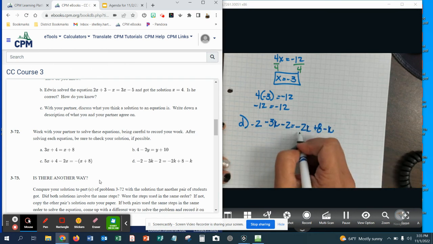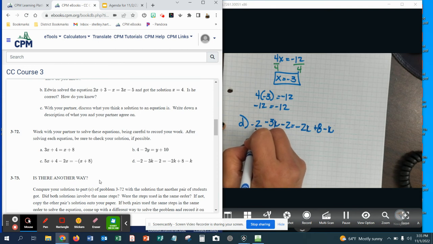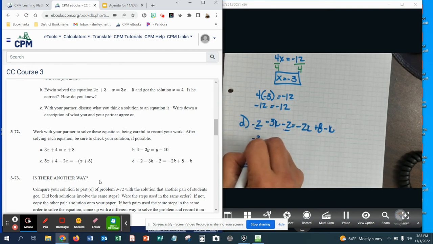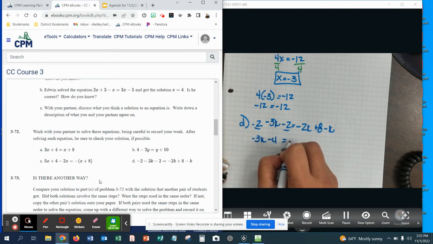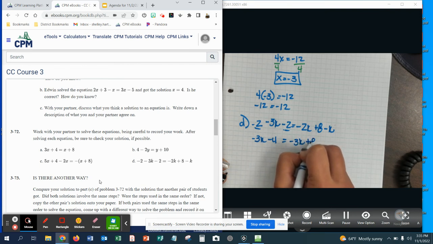I'm going to combine like terms. So this is a like term, and this is a like term on this side. So now I have negative 3k minus 4 equals negative 3k plus 8.